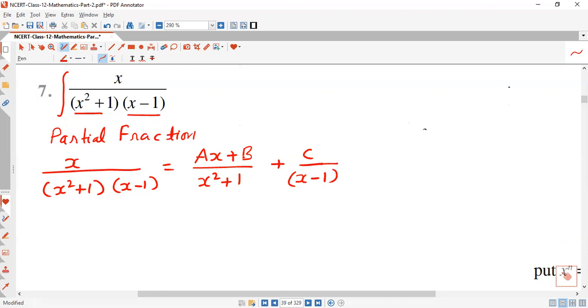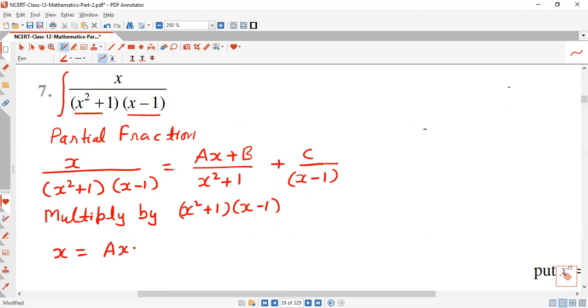Now we multiply the whole equation by x square plus 1, x minus 1. If you multiply the whole equation, we get x equal to ax plus b multiplied by x minus 1, plus c multiplied by x square plus 1.